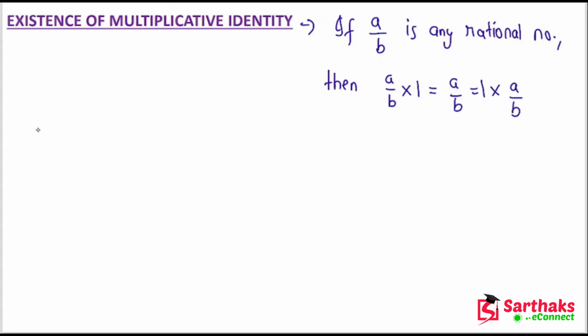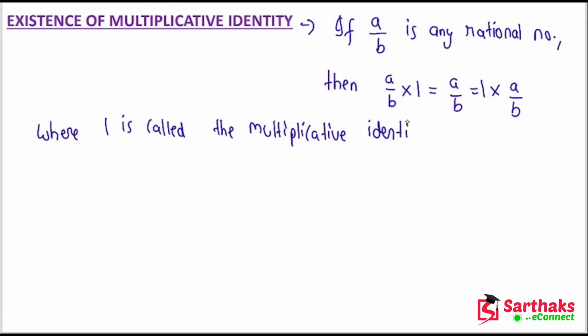Right, where 1 is called the multiplicative identity for rational numbers.